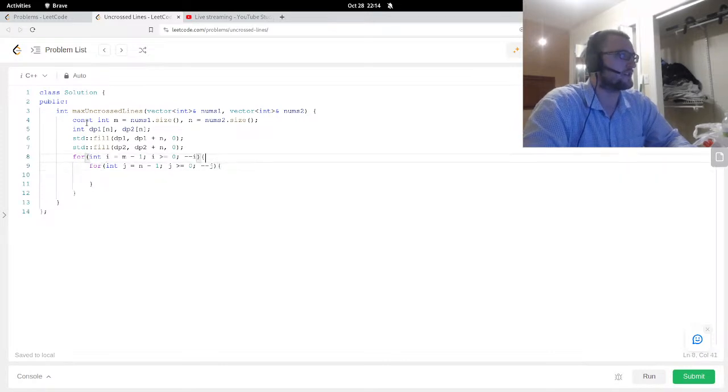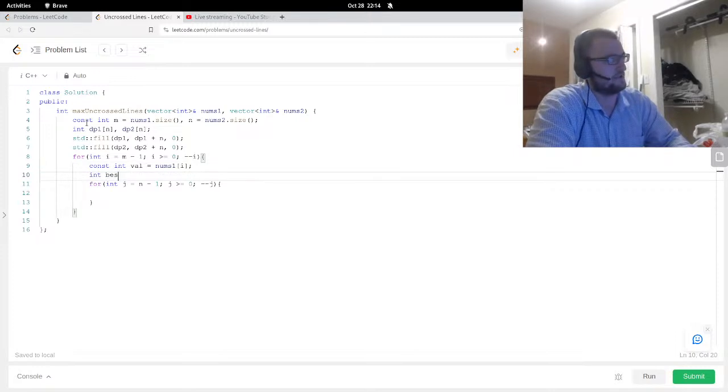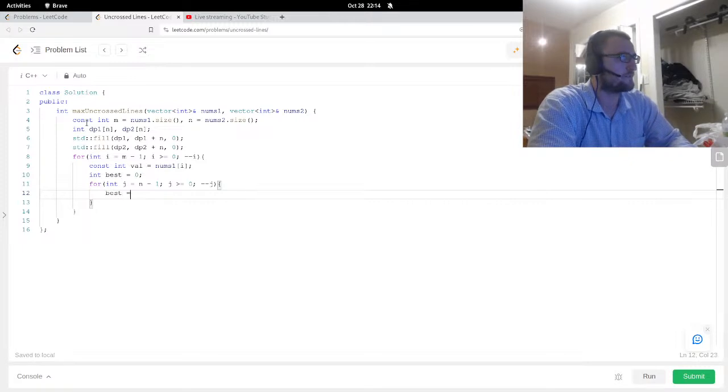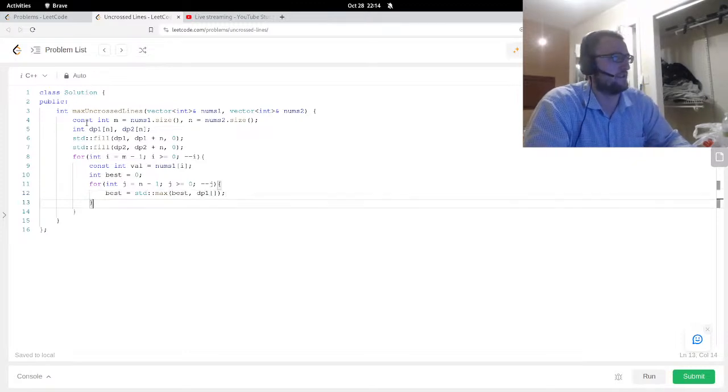We're going to say const int val is nums of 1 of i, and best always starts off at 0. So best is going to be the maximum of best and dp, let's say it's dp1, and we're going to write into dp2, and then we're going to swap.